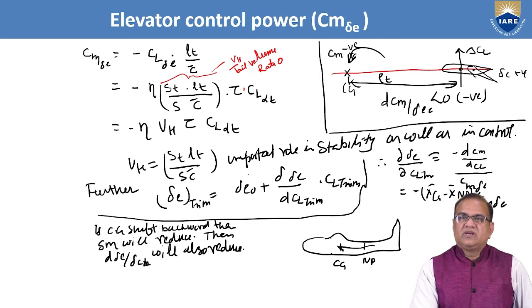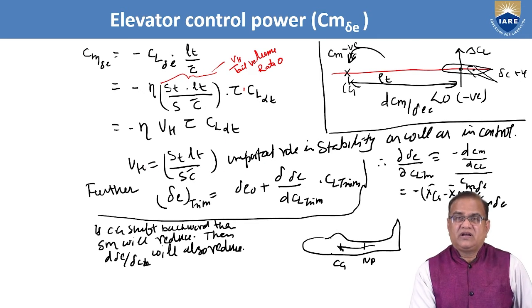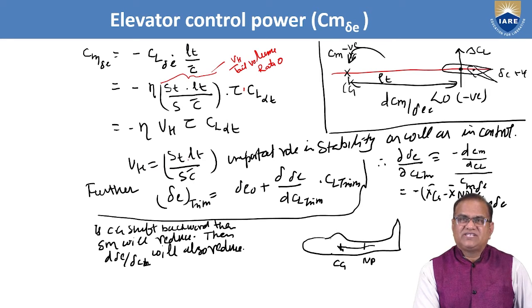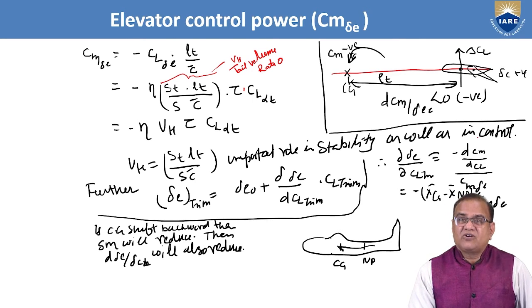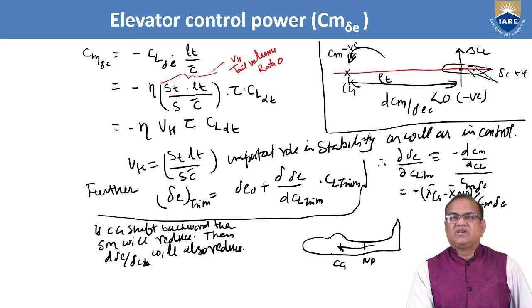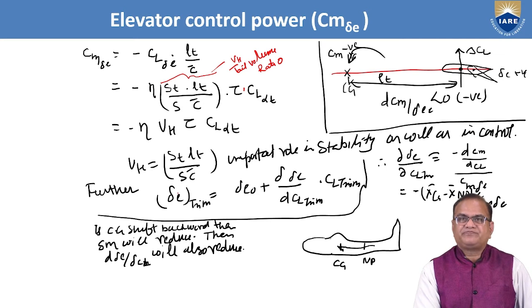So the tail volume ratio, VH, that is St Lt by S C bar, plays a role in stability as well as in control. You have seen that for stability this was important, and not only stability, the control also it is very much important.